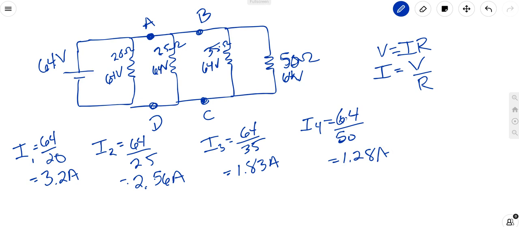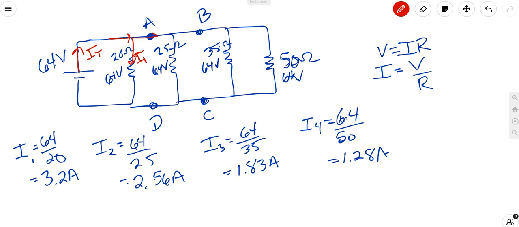And so looking at this, we have to figure out what the currents are at A, B, C, and D. The total current will come off the battery. So that's your total current. It's going to go into that first junction there. And I1 is going to come down and go through the first resistor.